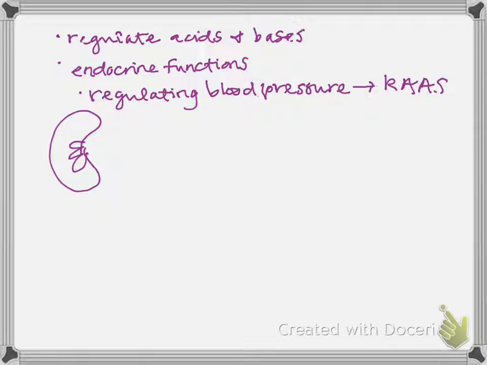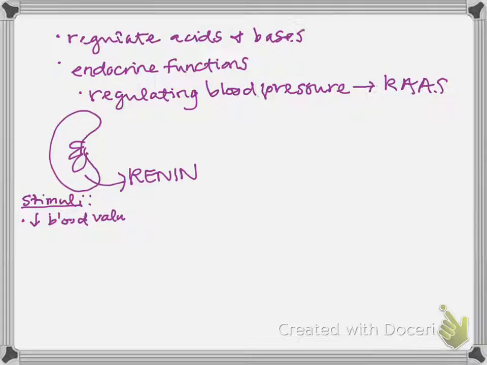So our kidneys release something called renin when our blood volume is low. Some of the reasons or stimuli for releasing renin from the kidneys are decreased blood volume, which is manifested by renal ischemia, meaning the kidneys are not getting enough blood flow.